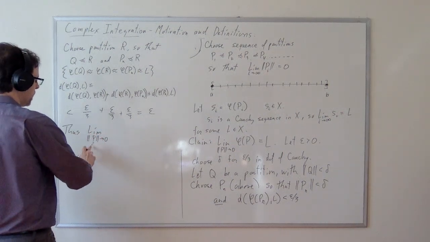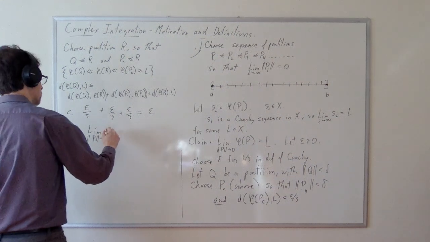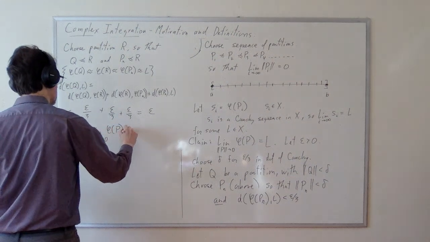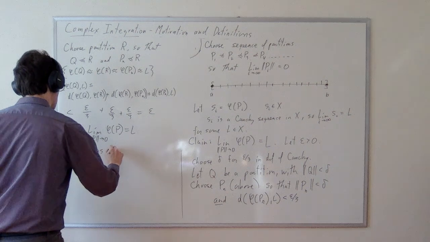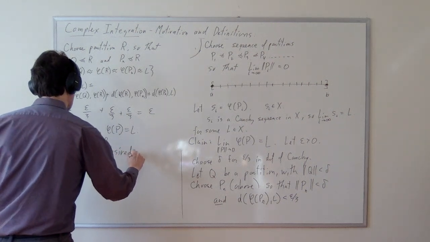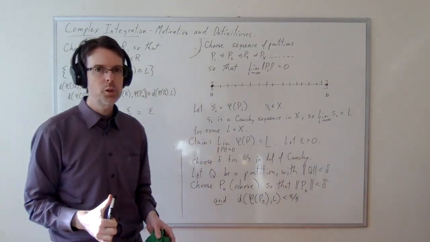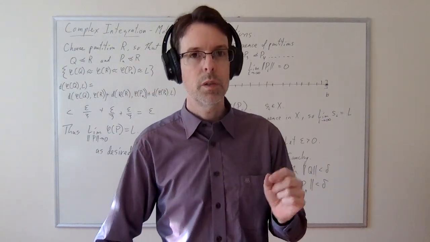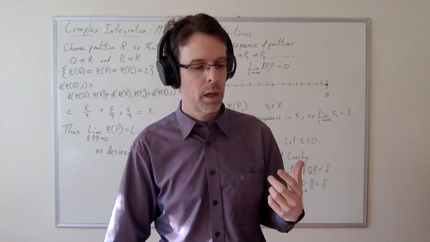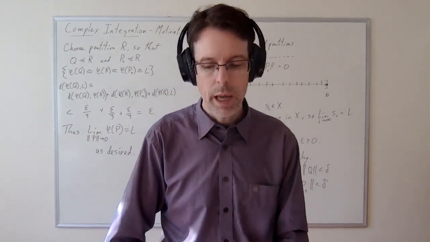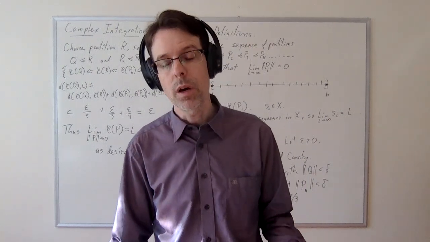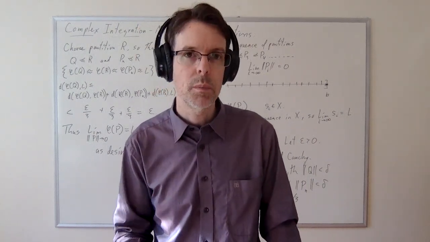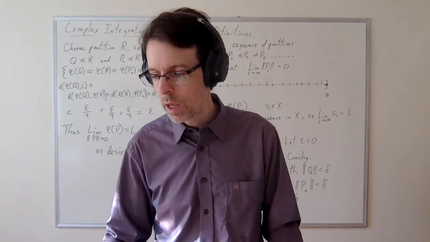The limit as the norm of P approaches 0 of phi of P is equal to L, as desired. And this establishes the important relationship between Cauchy functions phi defined on partitions and convergent functions phi defined on sequences. And it will give us permission later that whenever we want to show that one of these limits exists, it will be enough for us to show that it's Cauchy.